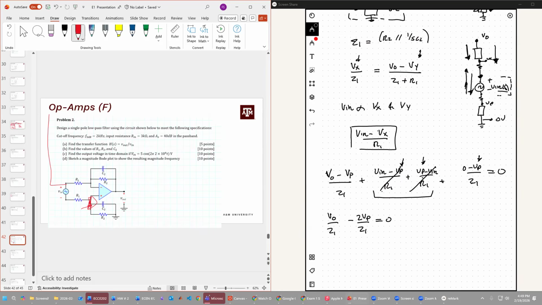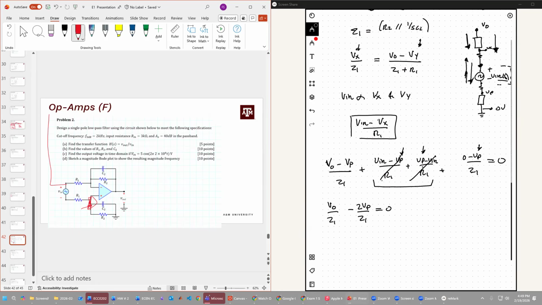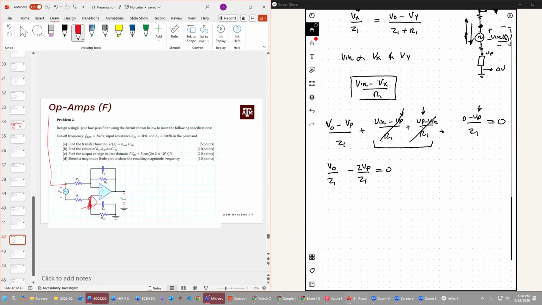Wouldn't VP be zero? I don't think VP is going to be zero, because VP is the voltage at this node here, and it's not directly connected to ground.